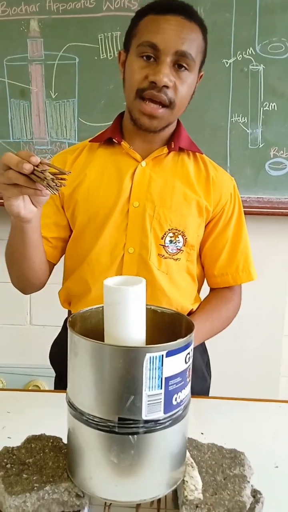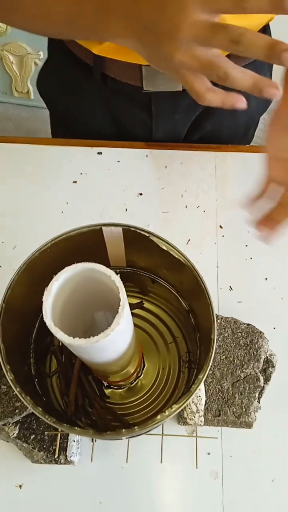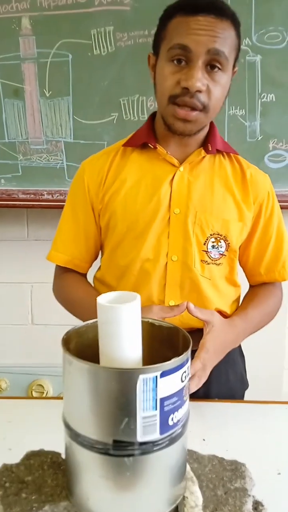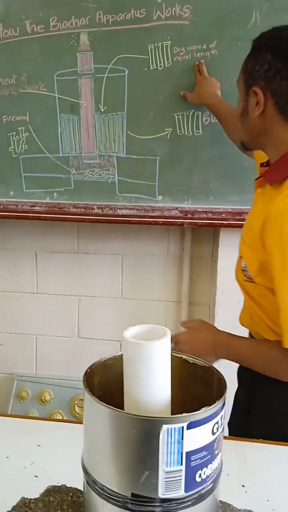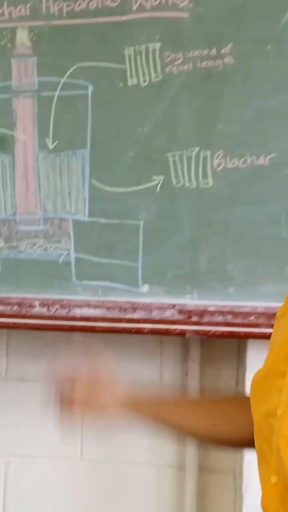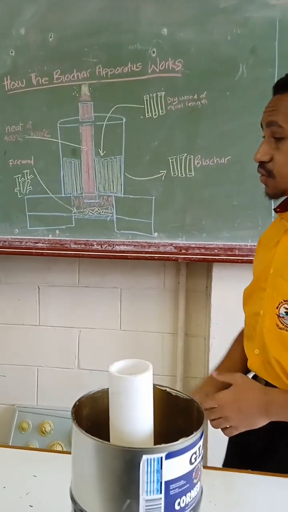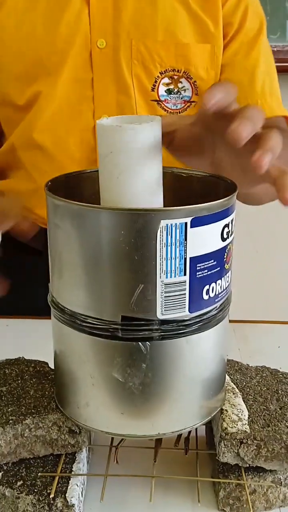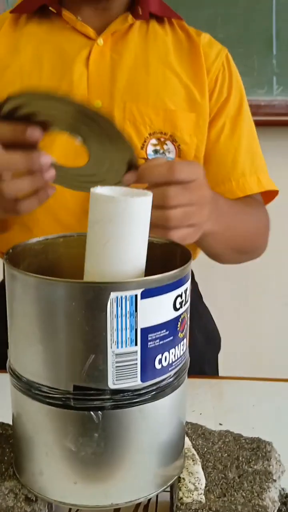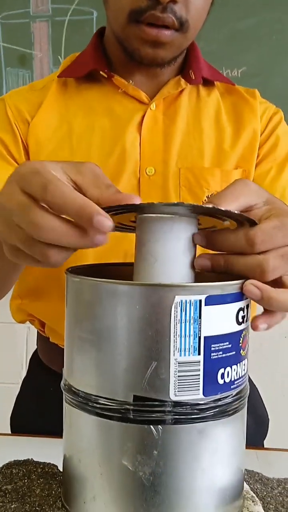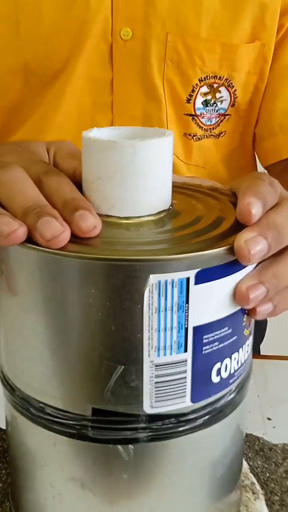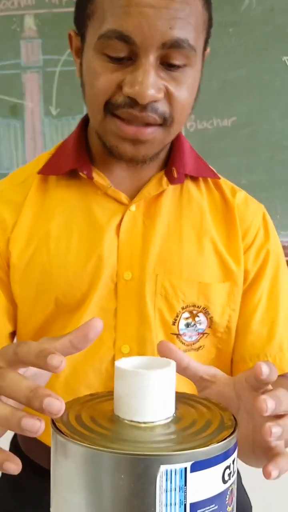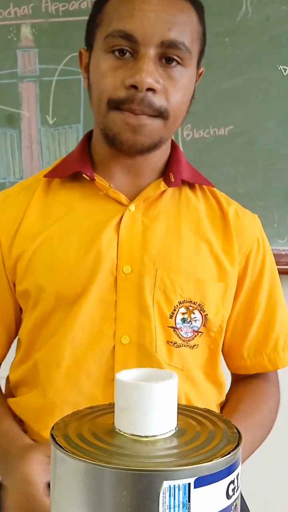Now the dry plant matter can be placed into the drum. In the actual apparatus, the plant pieces must be of equal length and equal size, so that they don't take much space. After that, the lids are closed very tightly. The gaps here are pasted with mud just to seal off the air.